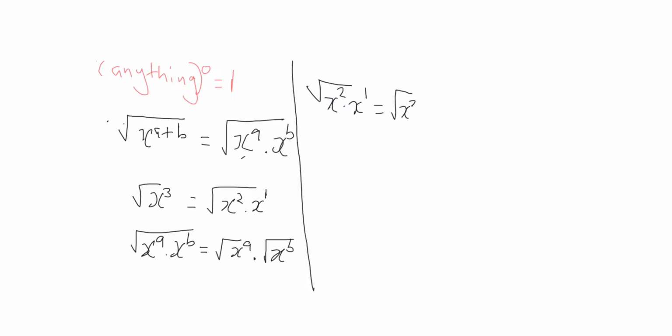And remember, when there is nothing written on the root, it is the same as 2. So the root here cancels out with this 2, and you are left with x to the power of 1, which is the same as x.